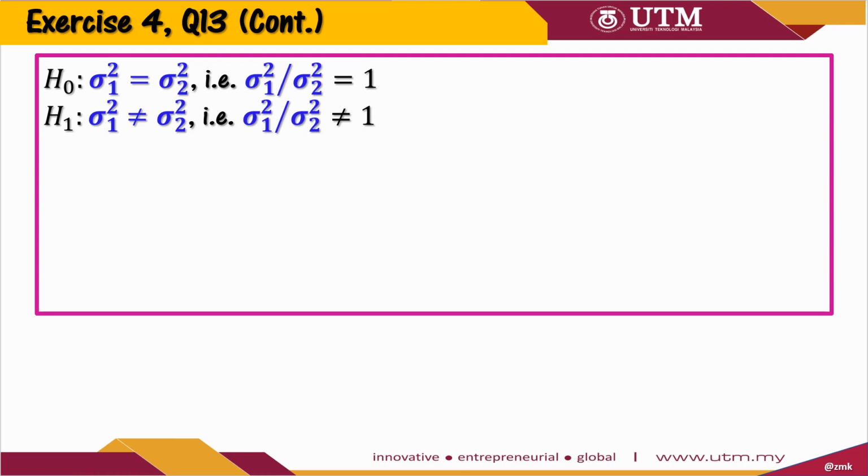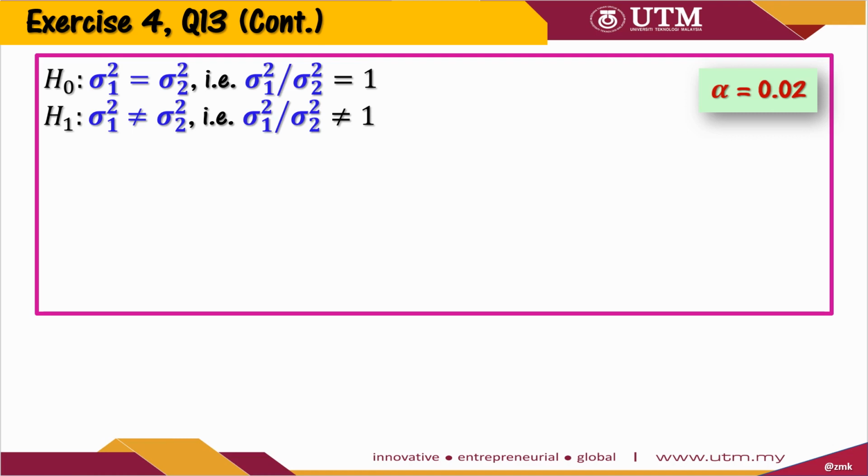Now, what next? We know that we are to run the test at alpha equal to 0.02, and at the same time we have a two-sided test. Then we should have two critical values at alpha over 2, which is 0.01, at both sides, left and right, of the underlying sampling distribution, which is an F distribution in this question.